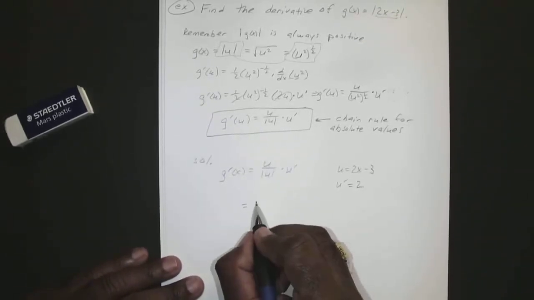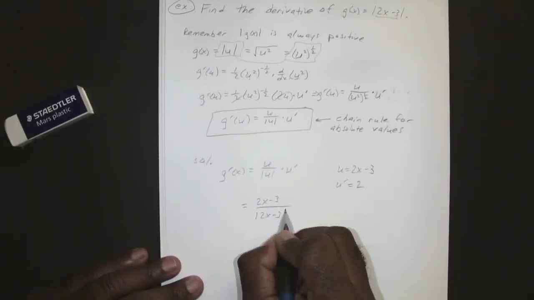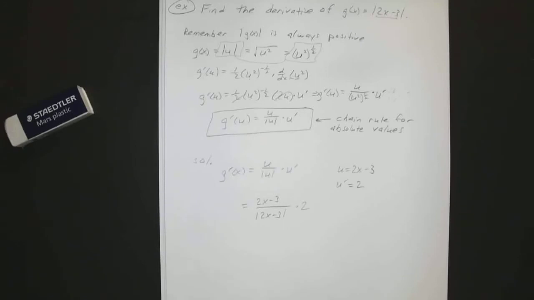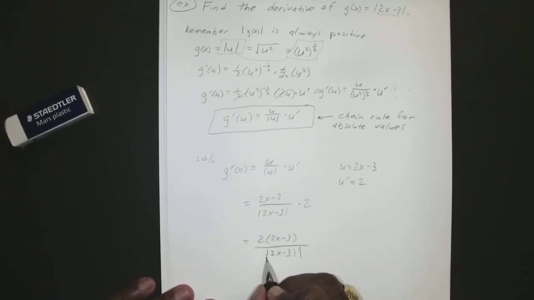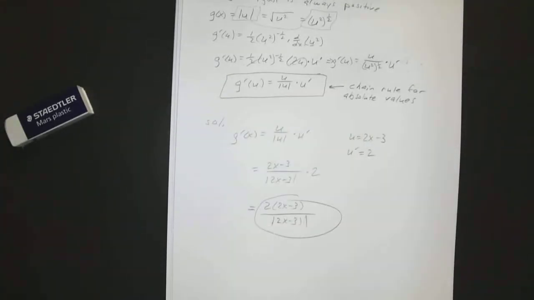So that means this just equals 2x minus 3 over the absolute value of 2x minus 3 times 2, or just 2 times 2x minus 3 over the absolute value of 2x minus 3. Okay, so you don't have to remember all of the explanation if you don't want to. All right, so any questions on that one?